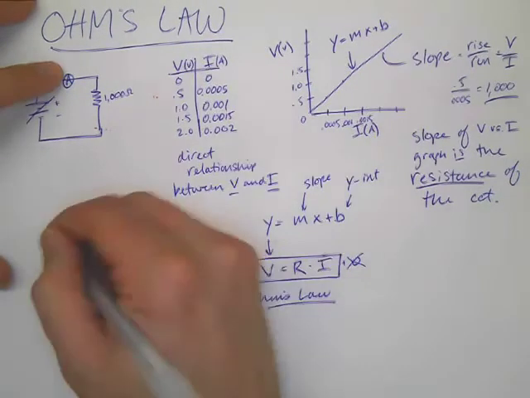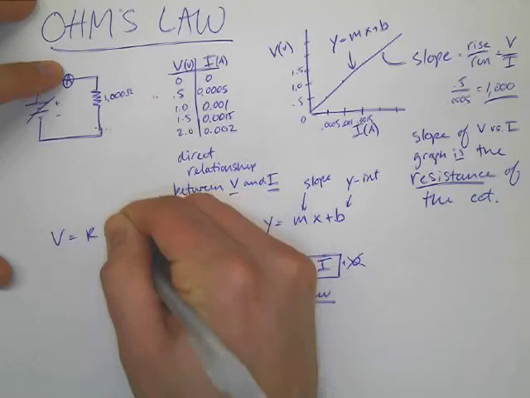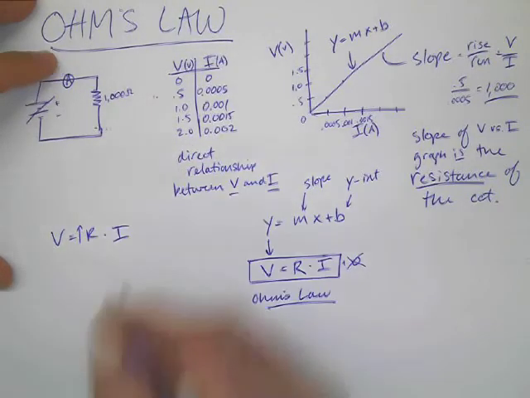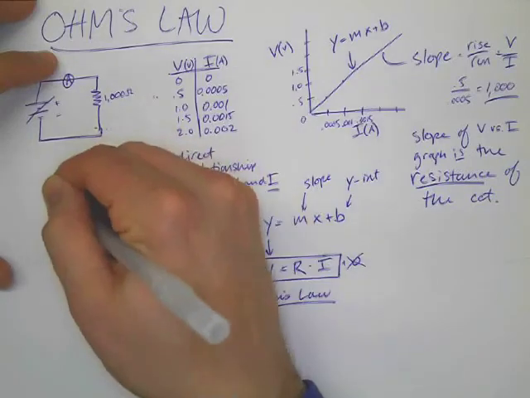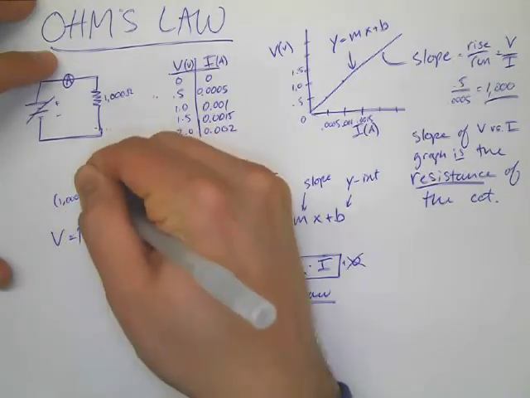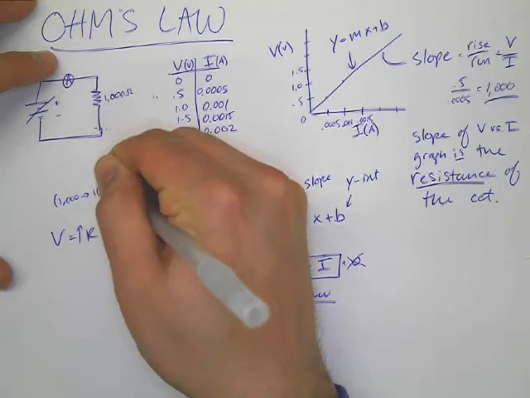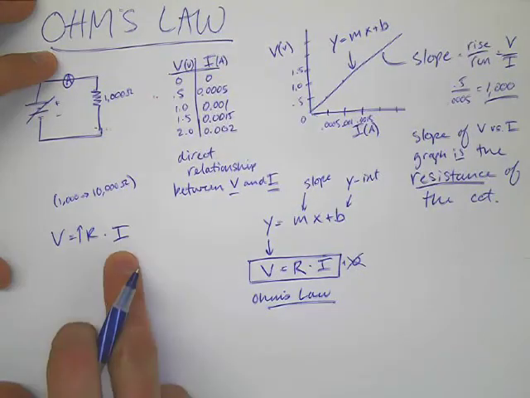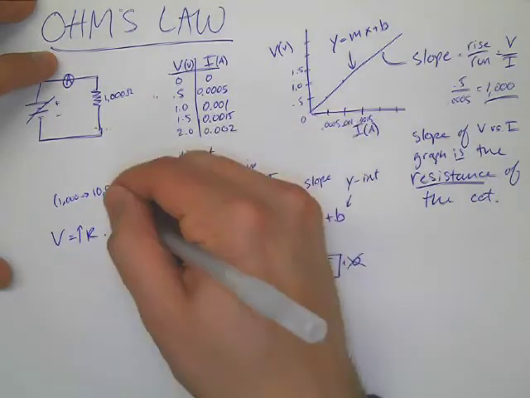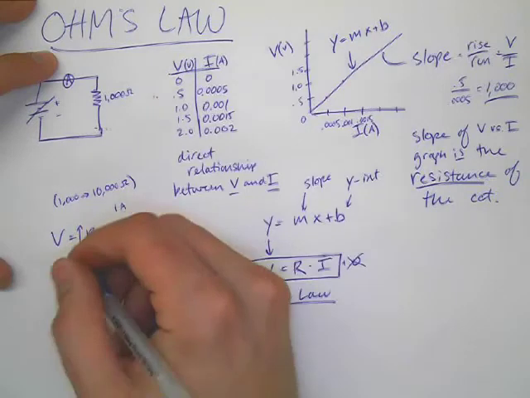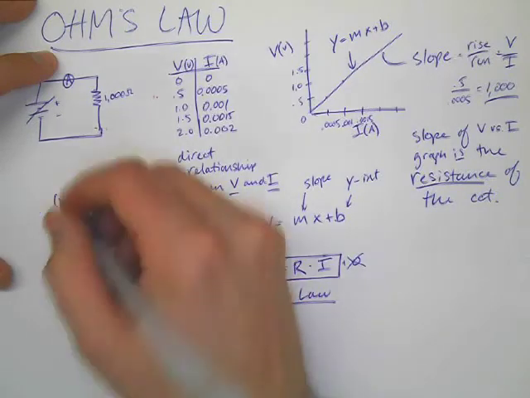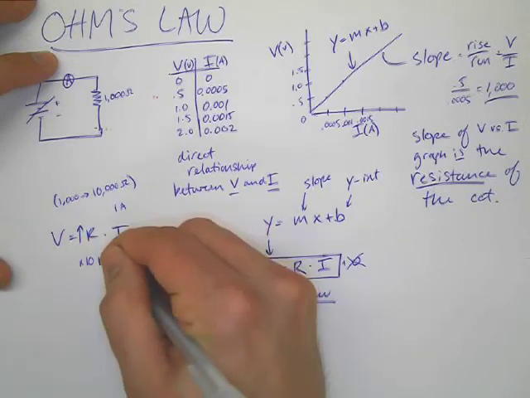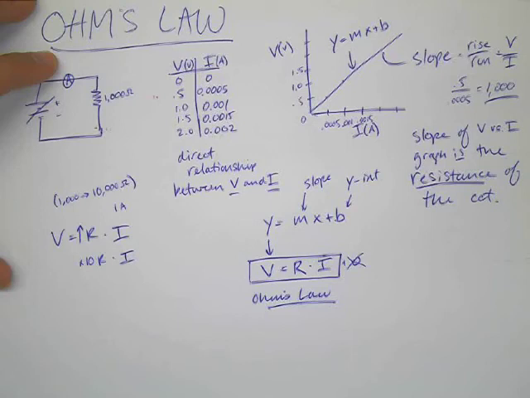Well, if I put more resistance in the circuit, so let's say I go from 1,000 to say 10,000 ohm, what would have to happen to my voltage to get the same current? Let's just say a current of 1 amp. If I go from 1,000 to 10,000, I've increased my resistance by 10. I want to keep I the same.